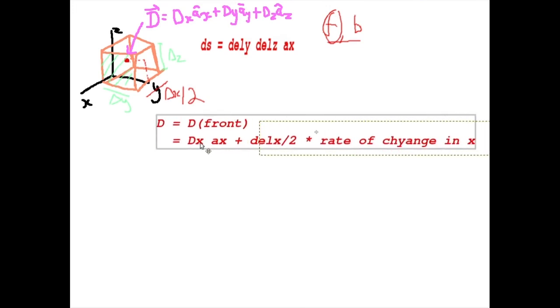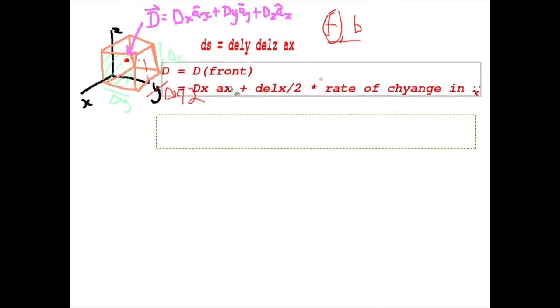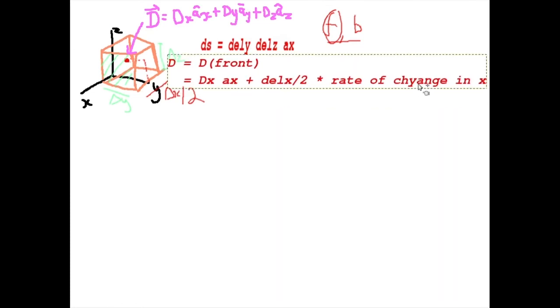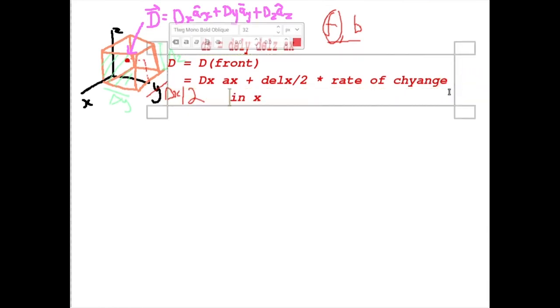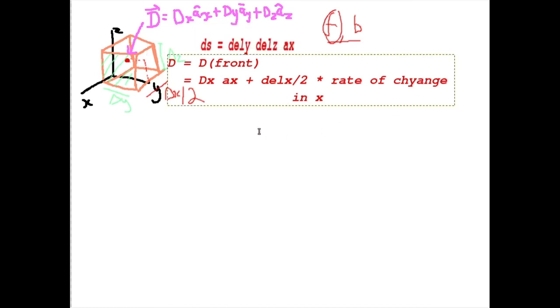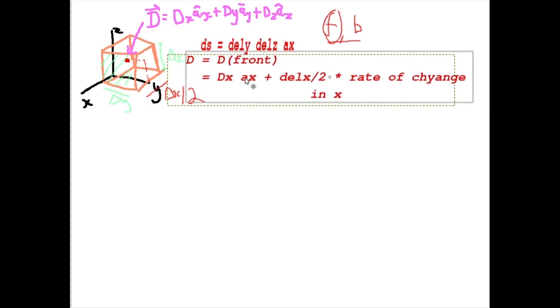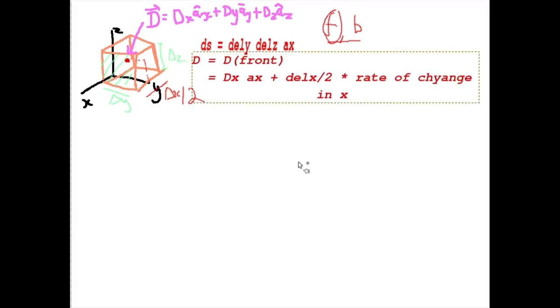This is the scenario, this is what we'll get into the picture. So rate of change with respect to x. This gives us a clear picture of what equation we have to write here. Now we can say delta x a_x, taken from this equation, delta x divided by 2, because this is the part we have to work out.